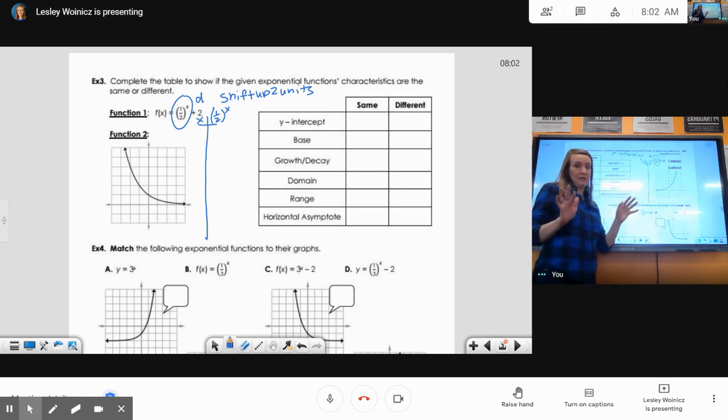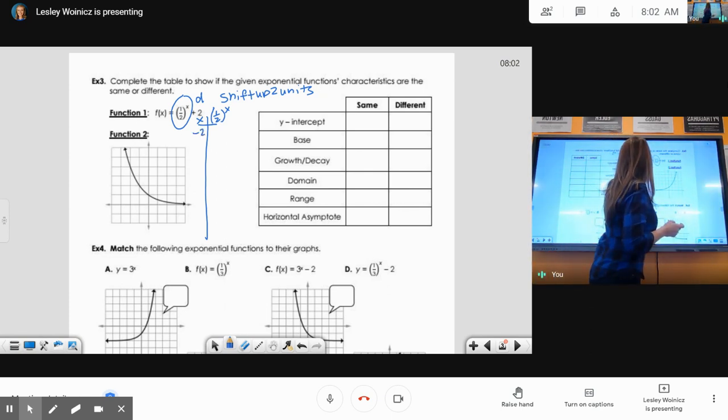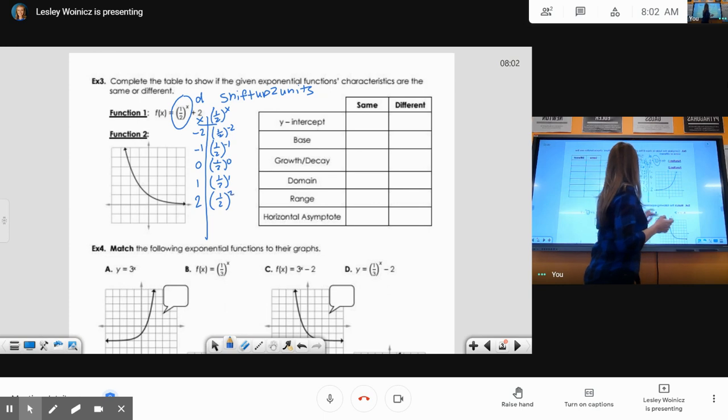I'm just doing the parent right now, and then we'll shift the parent. So -2, -1, 0, 1, 2. So if I have 1/2 to the -2, 1/2 to the -1, 1/2 to the 0, 1/2 to the first, and 1/2 squared.